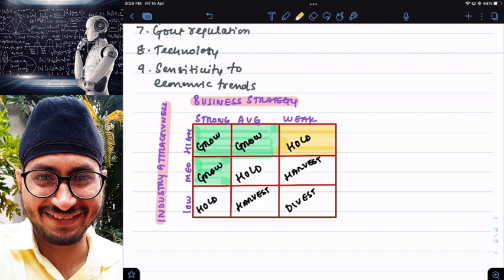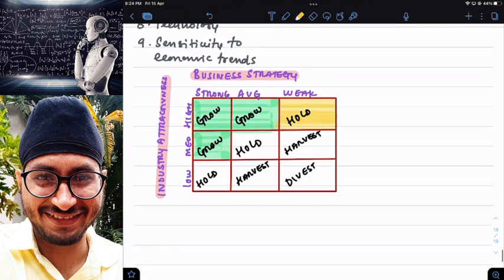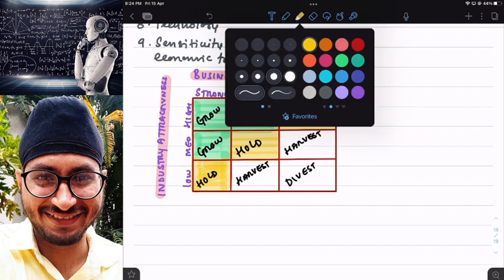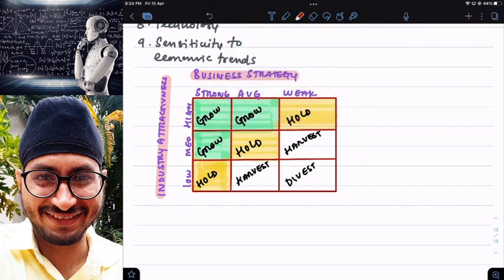This is called the yellow zone. And then harvest and divest will be under the red zone.